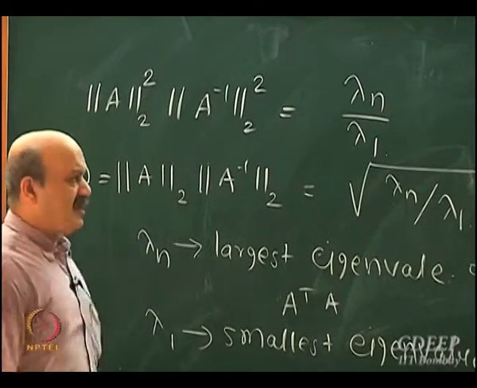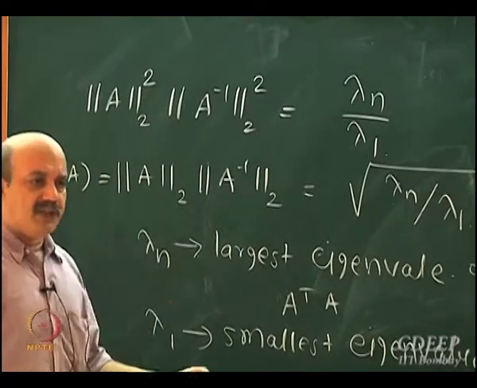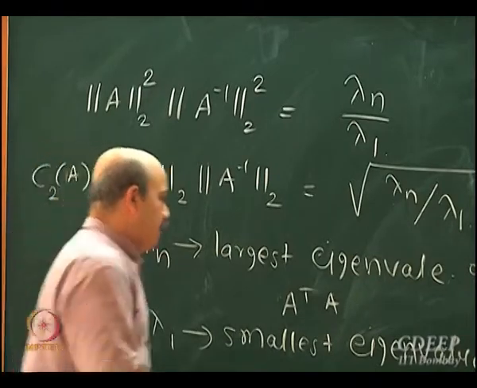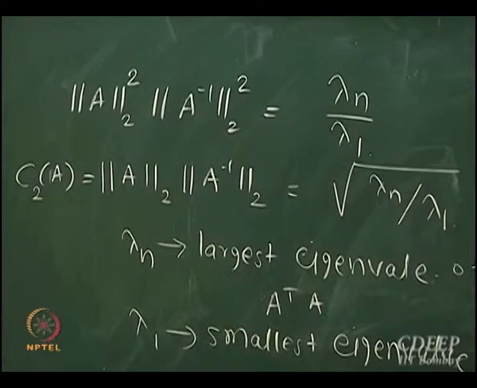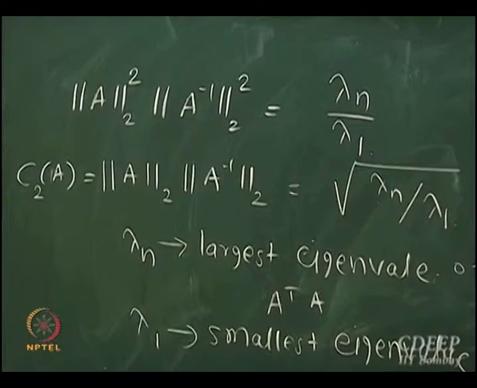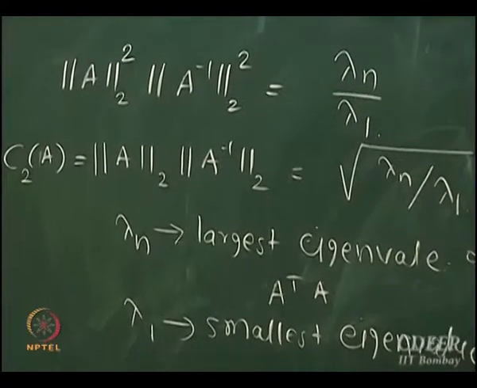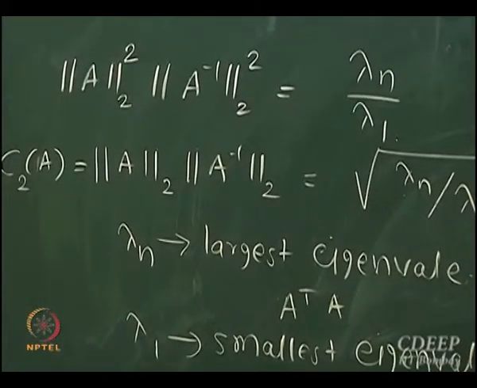Likewise I can define condition number based on infinite norm or 1 norm, though in that case I will have to compute A inverse explicitly. Of course we can do that for a simple matrix to get insights, though for a large matrix that might not be so suitable.